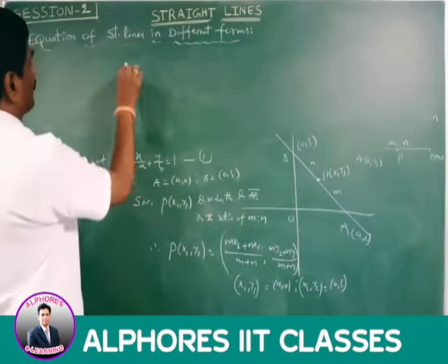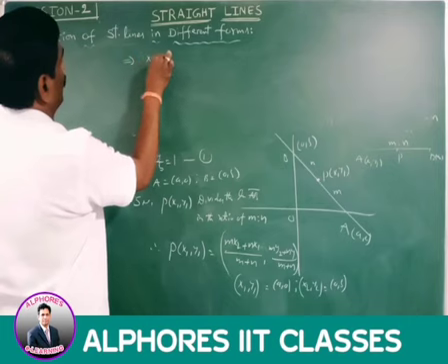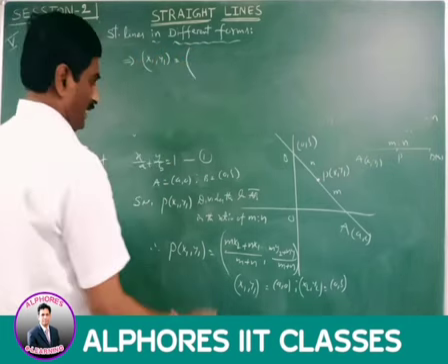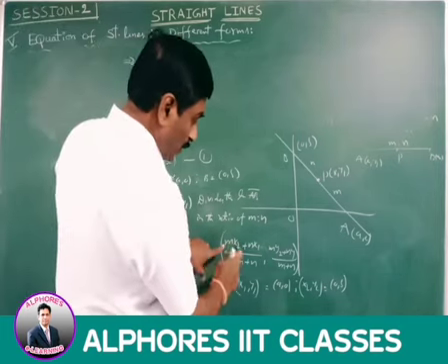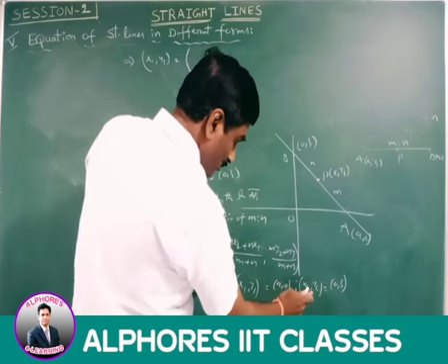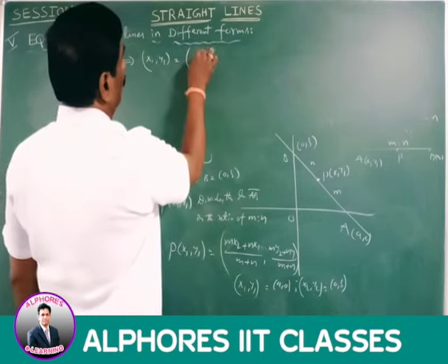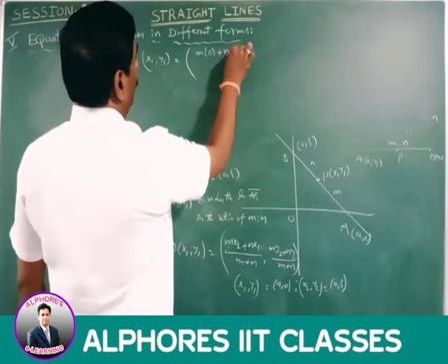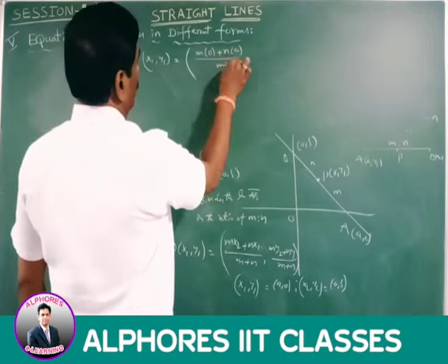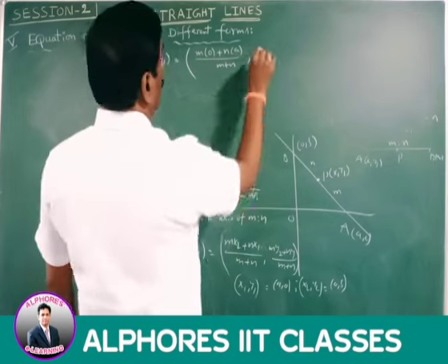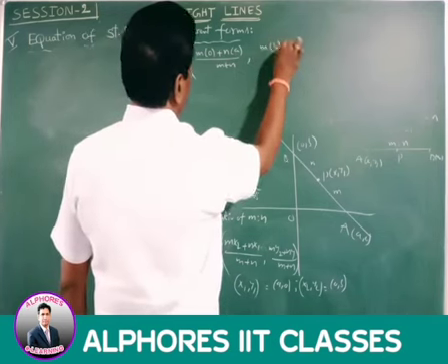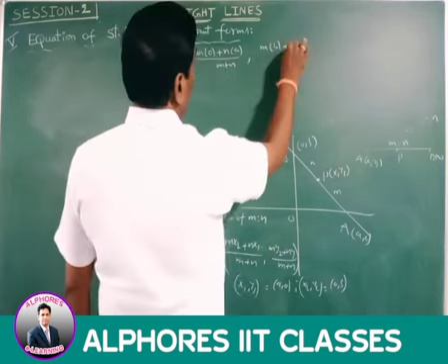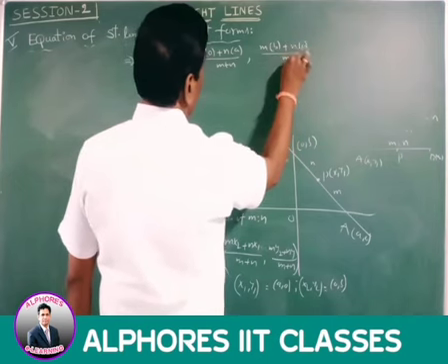P(x1, y1) is equal to, for the first component, m into x2, where x2 is 0, so m into 0, plus n into a, over m + n. Next, m into b plus n into 0, over m + n.